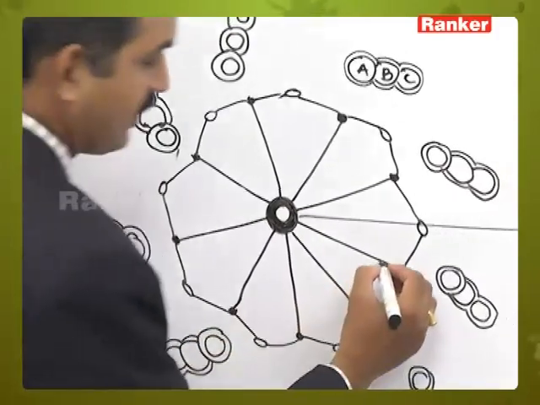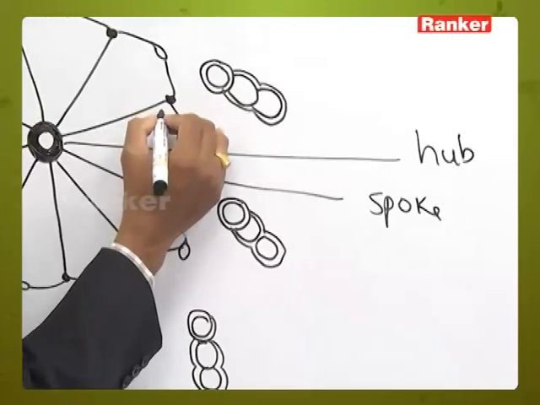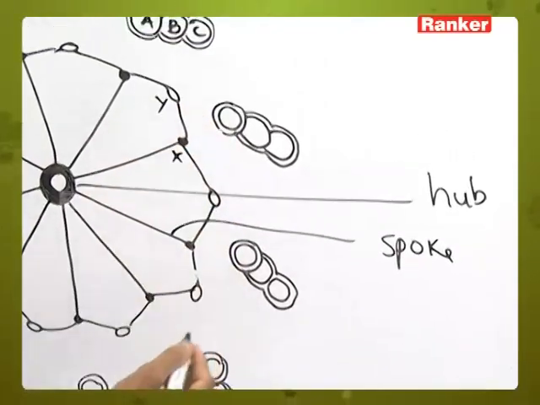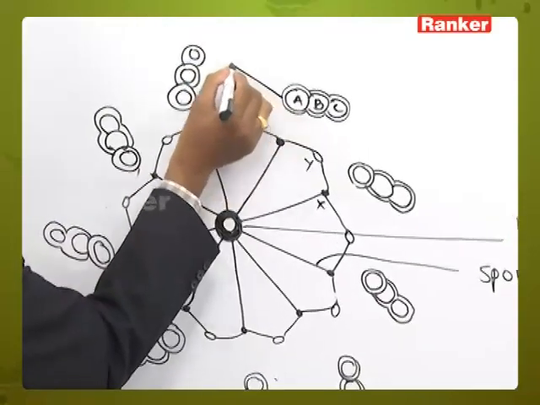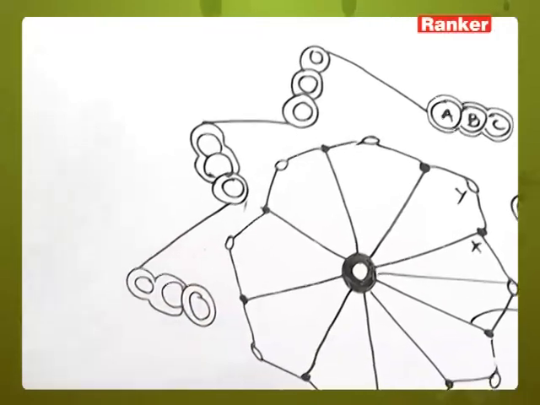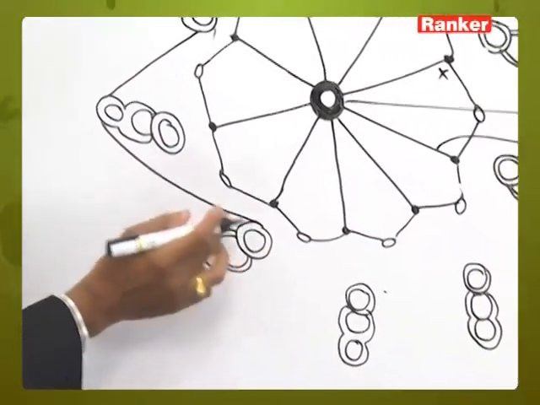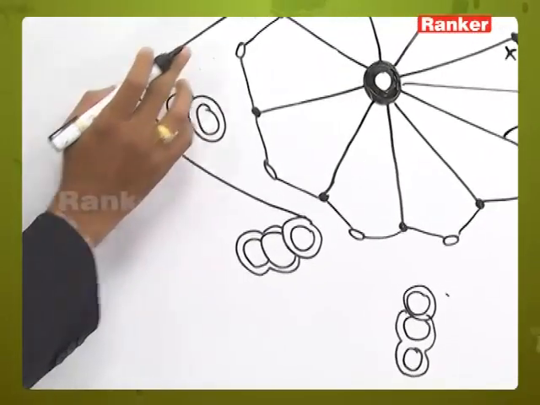Then these are the radial spokes. These are called X thickenings and these are called Y thickenings. And from A to C we can see some connection-like structures. These are called CA linkers. From C to A the linking will be present.